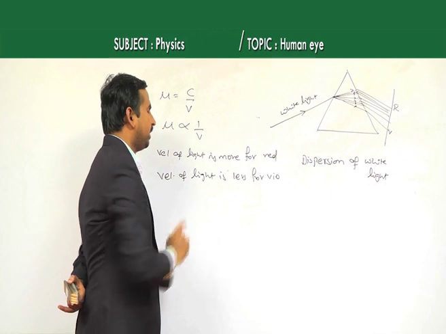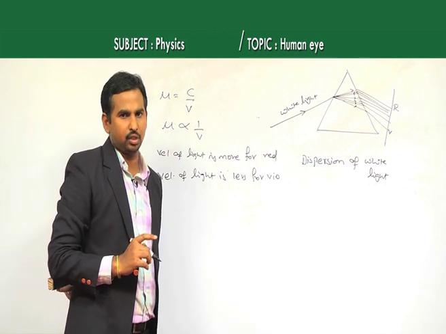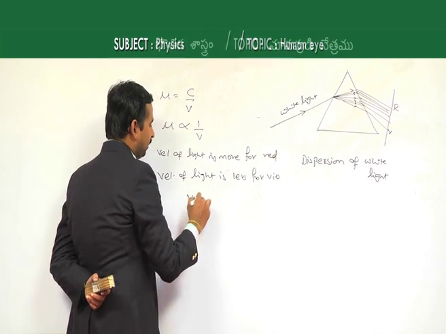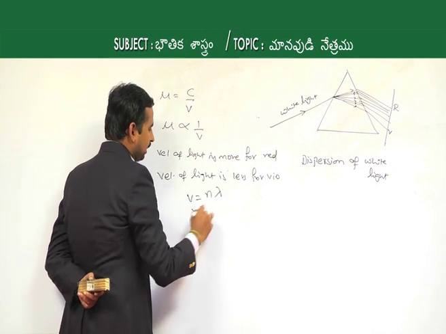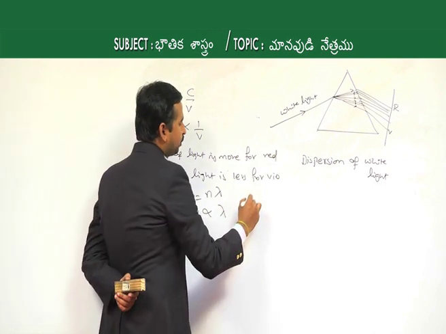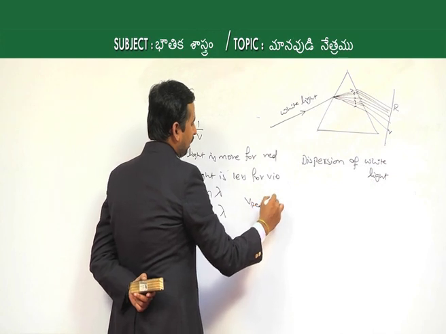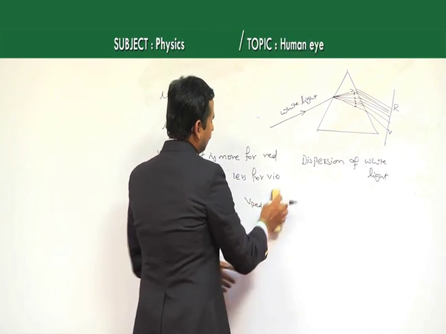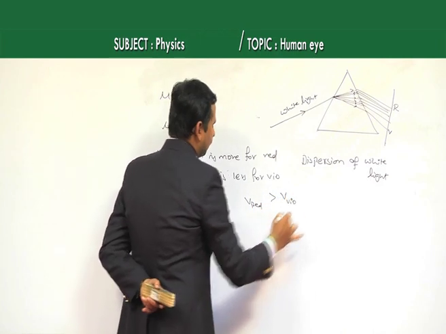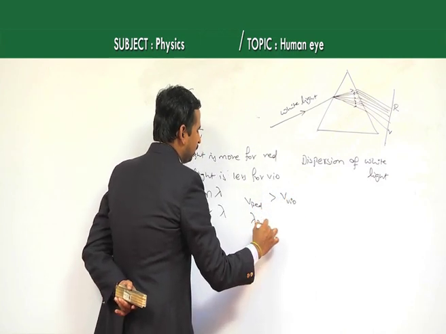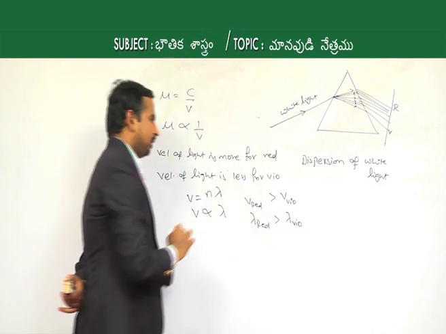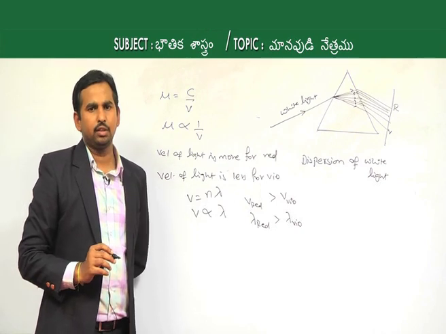As red light has more velocity, it also has more wavelength, because v is equal to n lambda, so v is directly proportional to lambda. Velocity of red is more than violet, so its wavelength is also more.